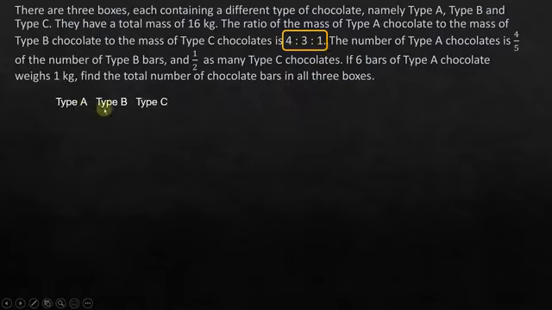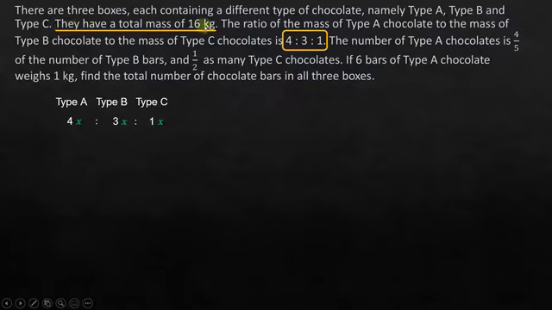So let's write down type A, type B, type C. In ratio, this is the simplest form. So we can write it as 4x:3x:1x because the x would be a common factor in all of these values, right? So we represented it as 4x:3x:1x.